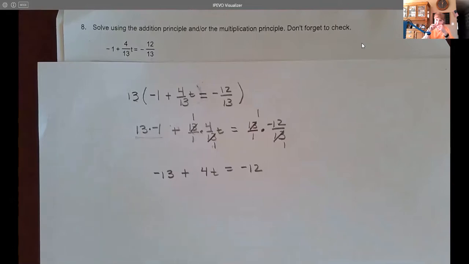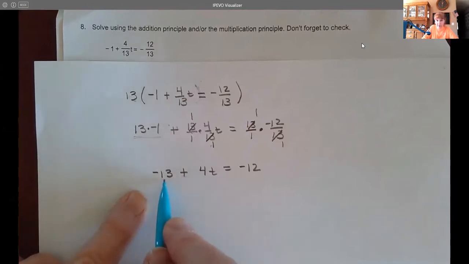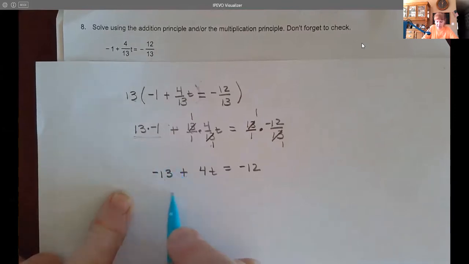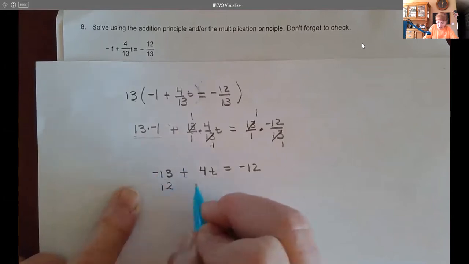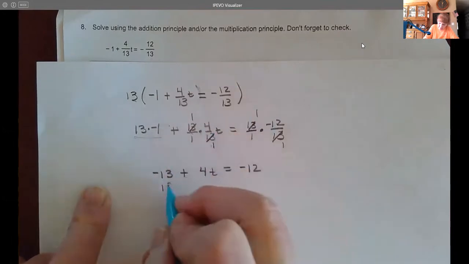It's 4 times t, so we'll get rid of this plus a -13 first. So you get rid of this by adding the opposite. Oh, but not 12. The opposite is a +13.